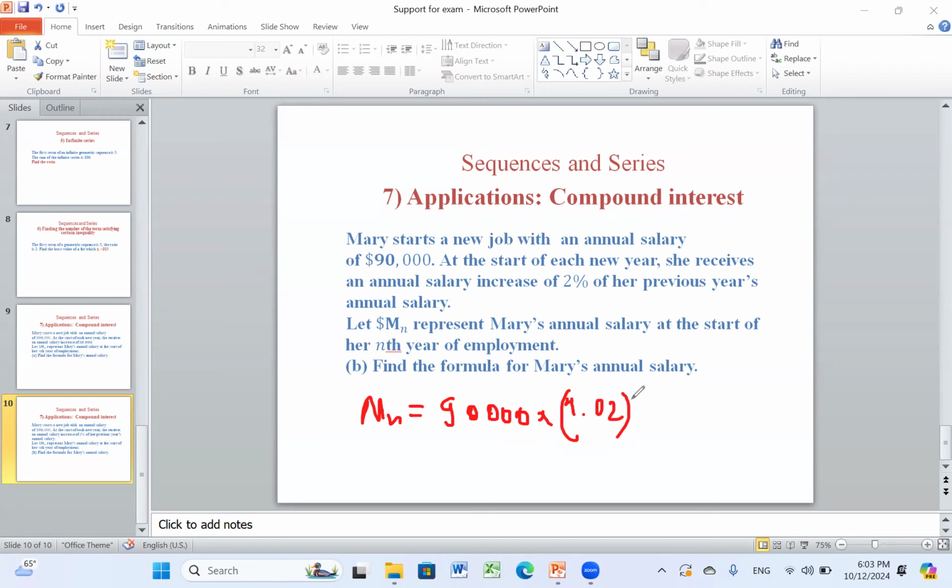So 1.02 to the power n minus 1. This is the formula for Mn. You can see it's the general formula for our geometric sequence, un equals u1 times r to the power n minus 1. Our r is 1.02. So do not hesitate to use this formula for such applications.